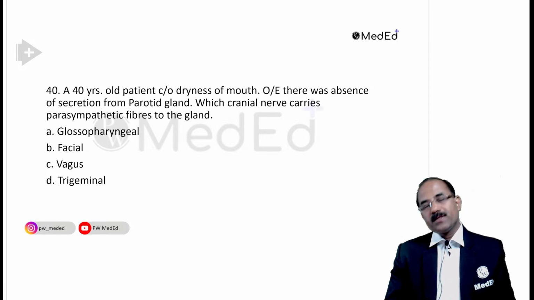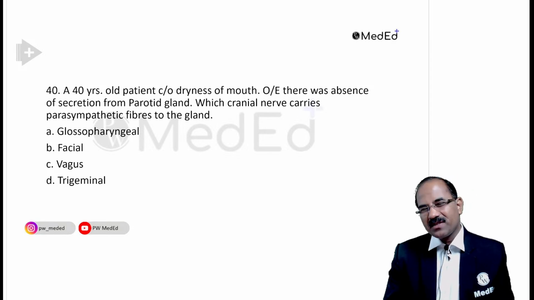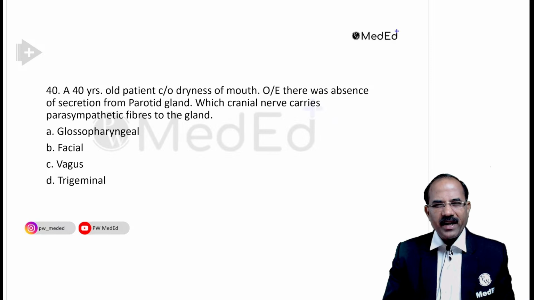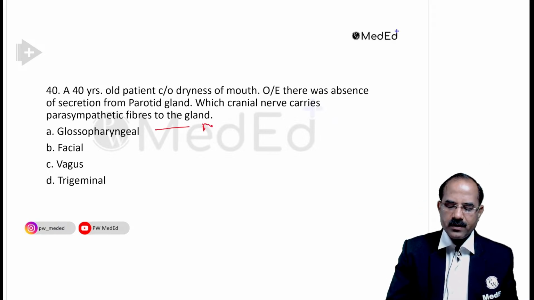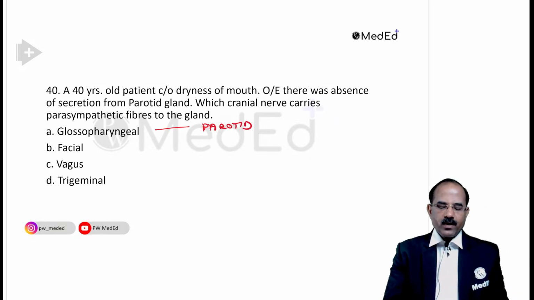So, which is the cranial nerve which supplies the parasympathetic fibers to the parotid gland? That's the glossopharyngeal nerve. The glossopharyngeal nerve supplies the parotid gland. What does the facial nerve supply?